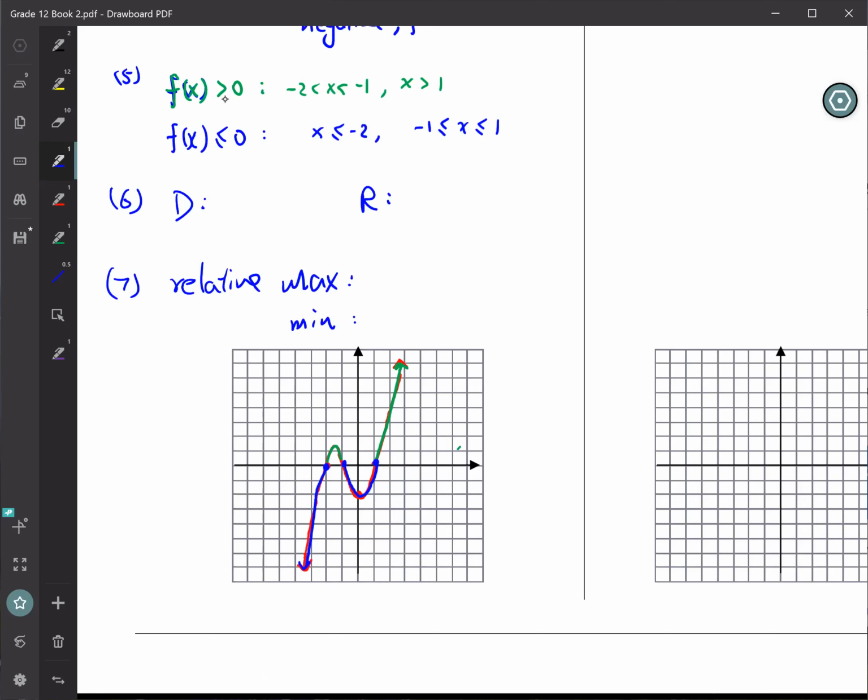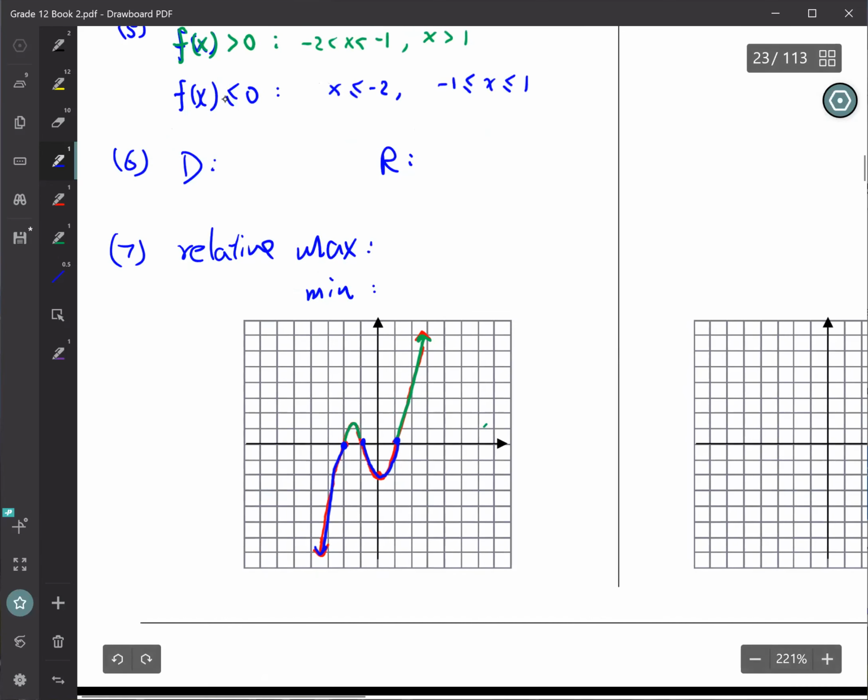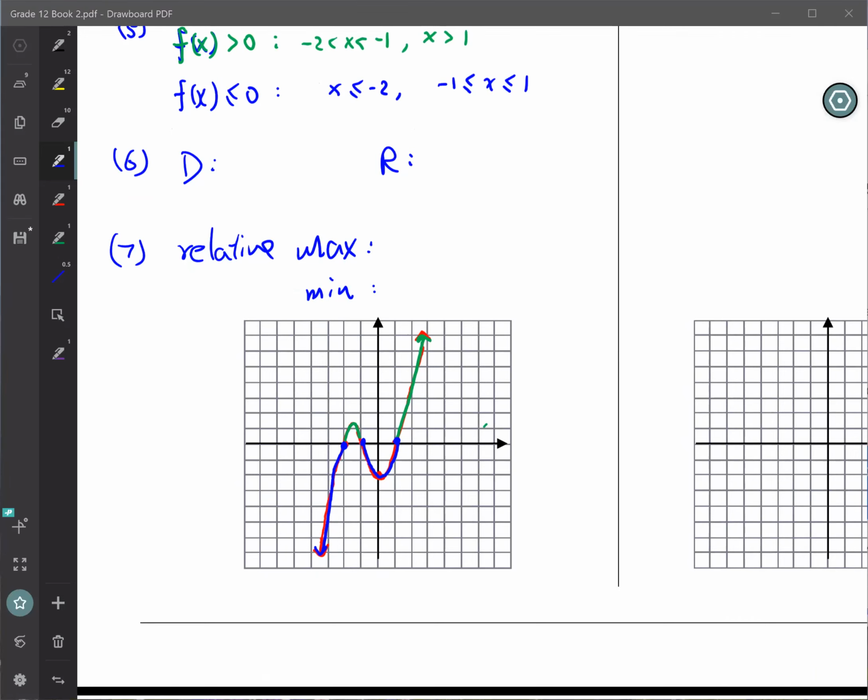Next part, we need to know the max and min, right? So I already typed out the decimal, but I would like to hear what you have. Have you all tried it, the decimals? Can you raise your hand if you got the max and min point? I'll wait for you.